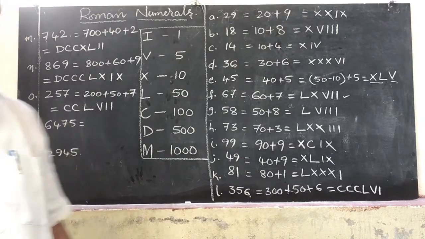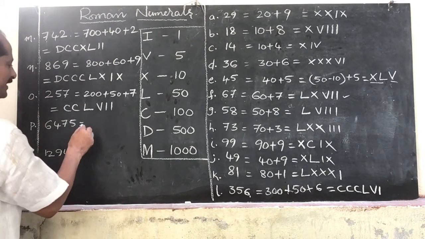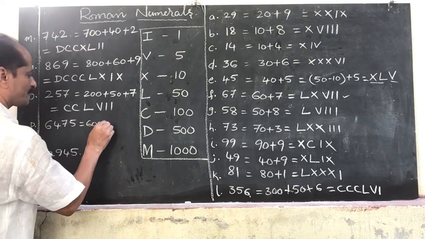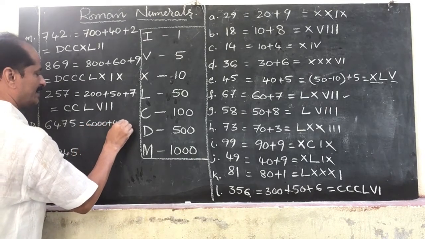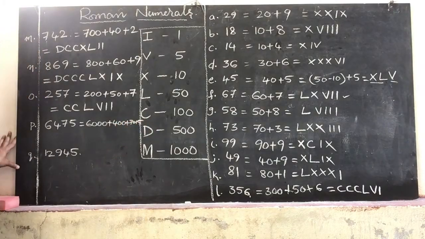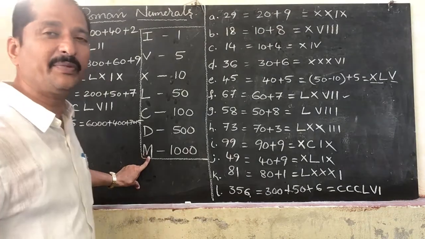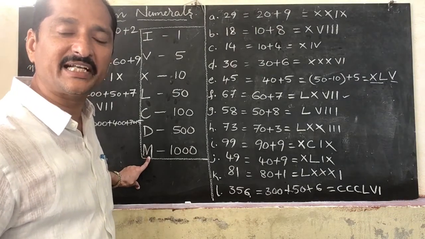The next number is 6475. It can be written in expanded form: 6000 plus 400 plus 70 plus 5. For 6000, M should be repeated for a maximum of 3 times only.